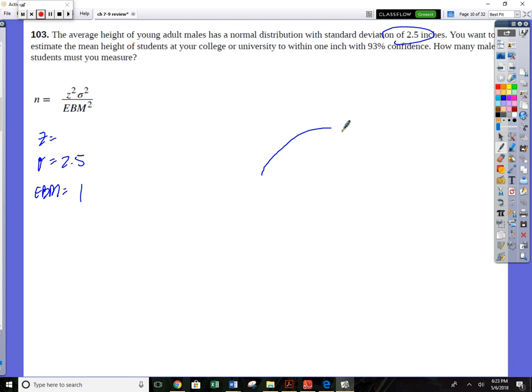That means you're going a half inch this way and a half inch this way, so you want to be within 1 inch. Okay, 93% confidence.